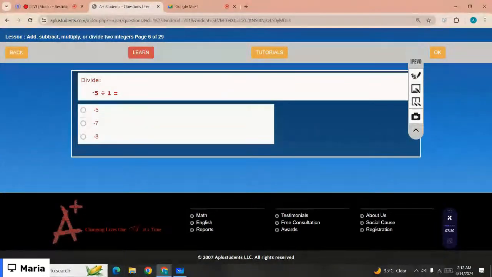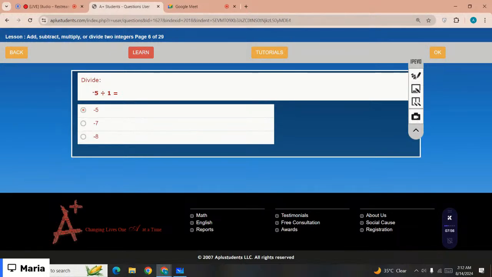Negative 5 divided by 1. Which is the correct option? That is negative 5.